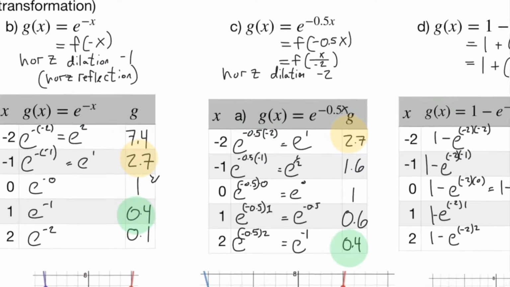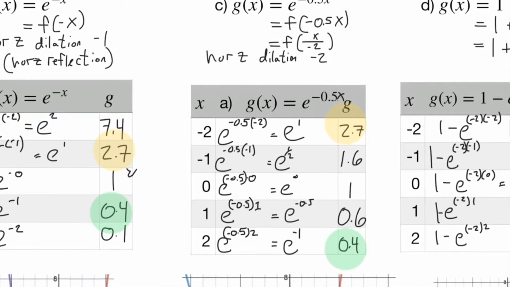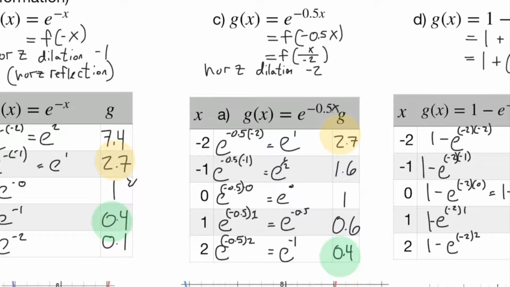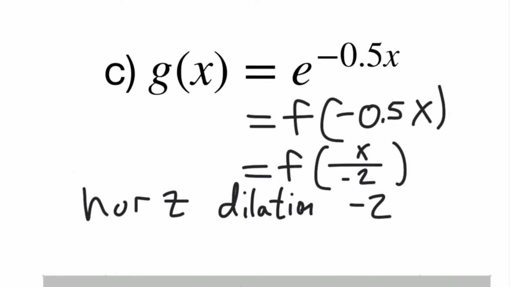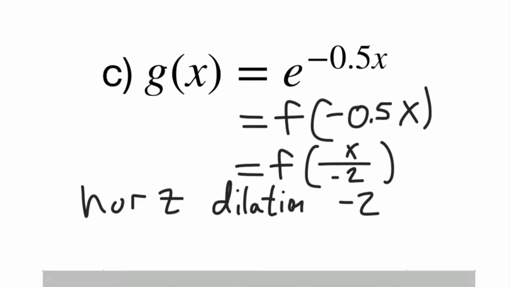What about e to the negative 0.5x? That would be the same thing as your function f of x, where f of x is e to the x, remember, the parent function. You're taking negative 0.5x as your input. If you want to rewrite, you're multiplying x by negative 0.5.